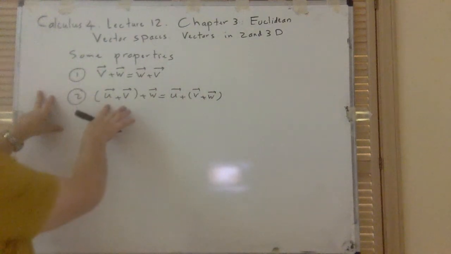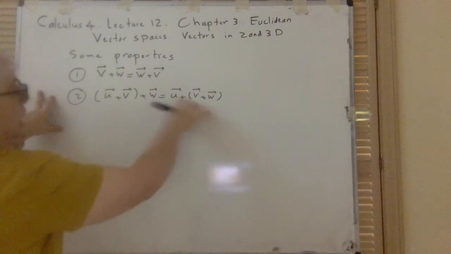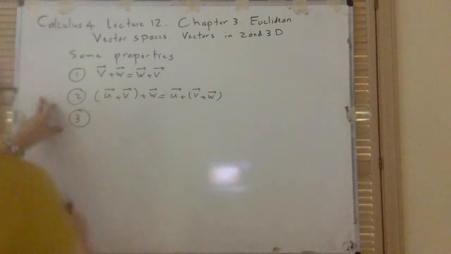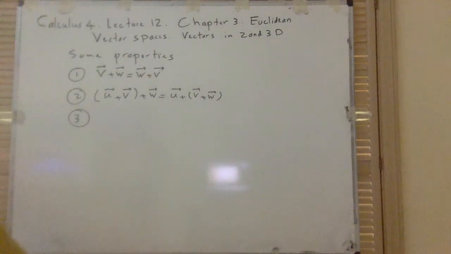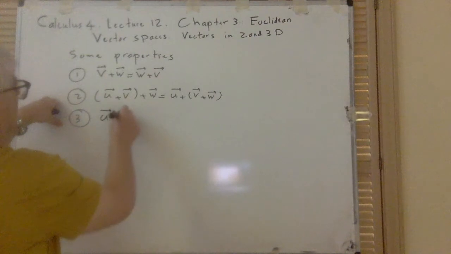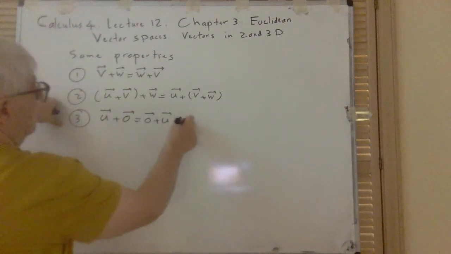It says that first you can add these two, then add the result to this. It's the same as adding these two, then adding it to the first one. And number 3 is the 0. So u plus 0 is like 0 plus u, and you will get u back.